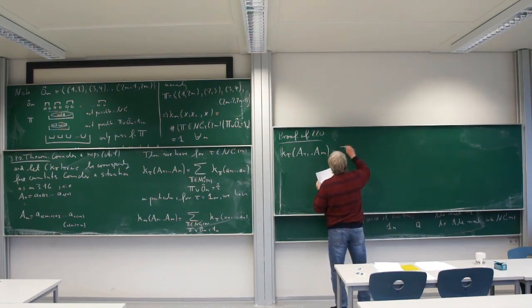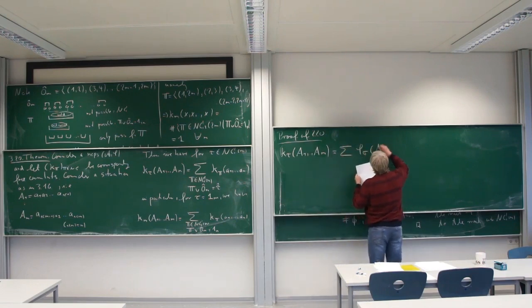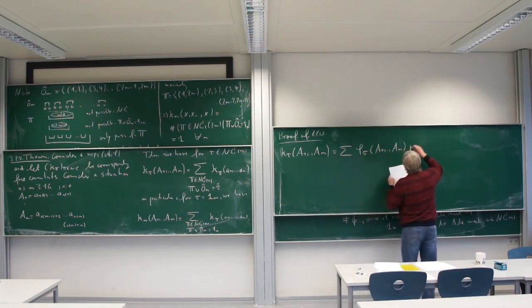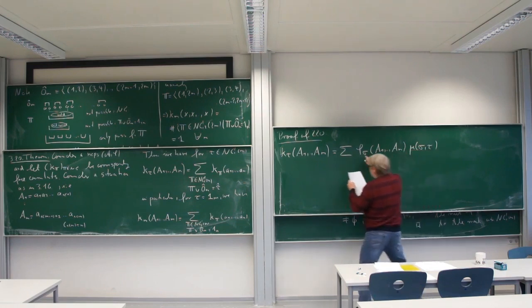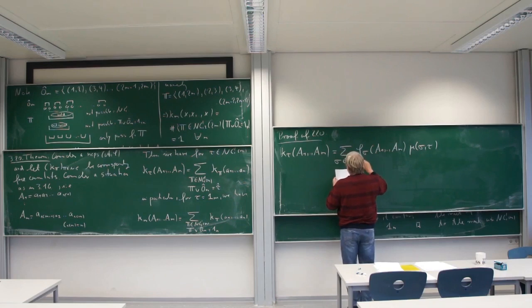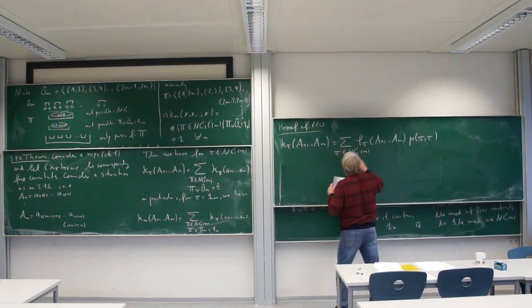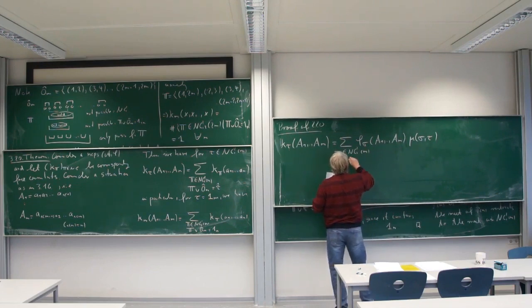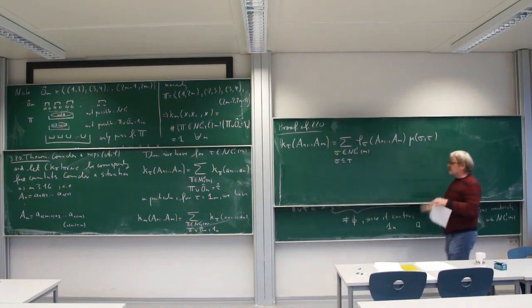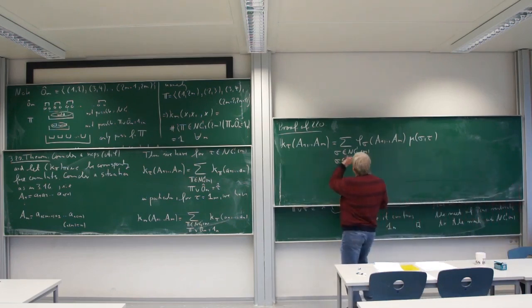So this is by definition the sum over sigma of phi sigma of A1 up to AM, and then the Möbius function of sigma, tau, and of course here we are summing over sigma, non-crossing partitions of M elements, and I have here tau, so I'm only summing over the sigmas which are less or equal than tau. That was our definition of the free cumulants by Möbius inversion.